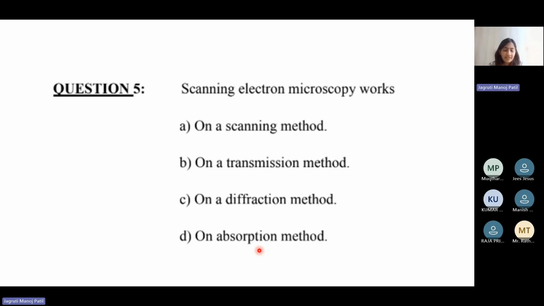Well, this is an easy one. You can answer this. Just a random guess is also fine. So what happens in a scanning electron microscopy? The name says it all.